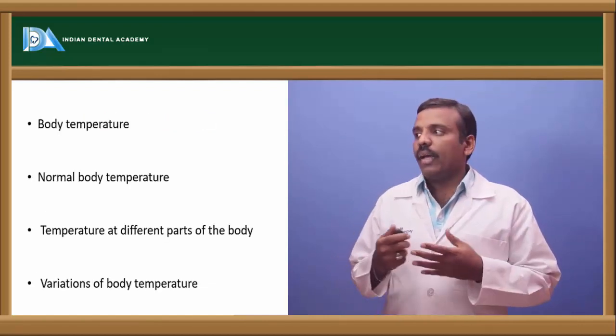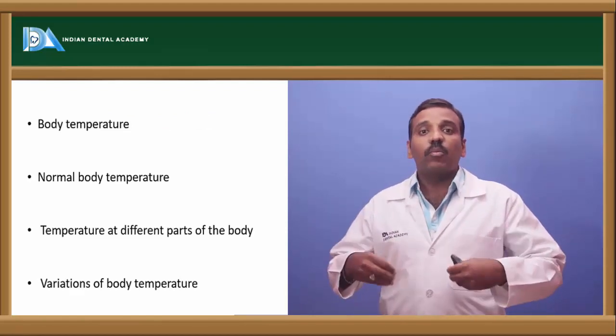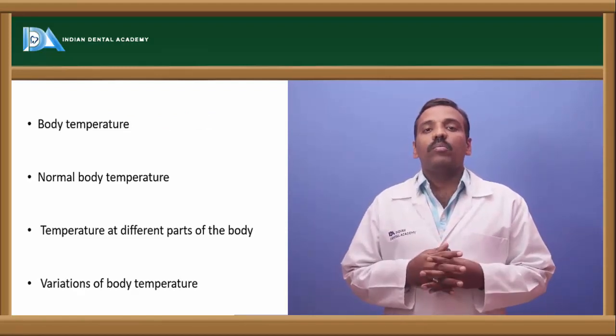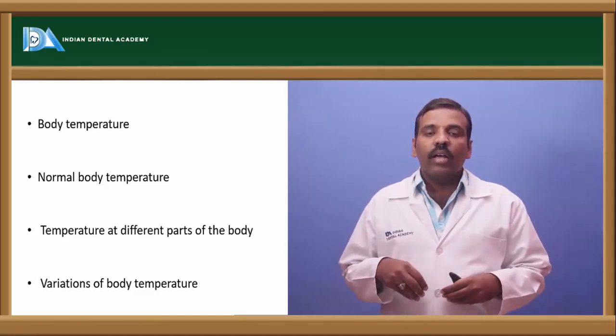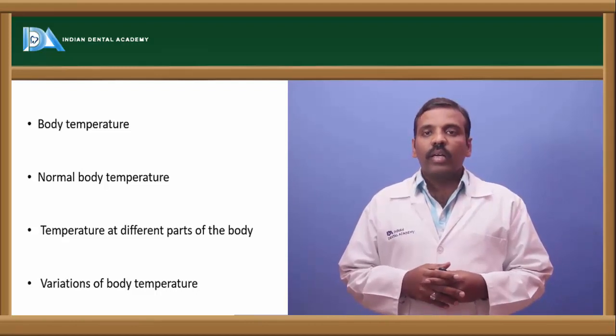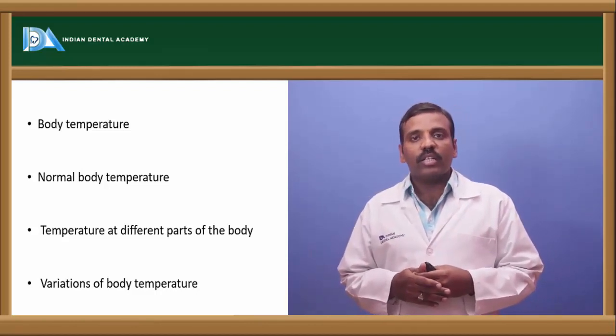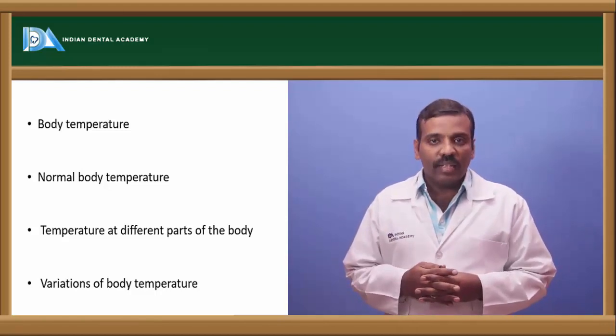Body temperature is the most important thing for all metabolic actions. Whatever metabolic reactions are going on inside, everything depends upon body temperature. The normal body temperature is 96.8 degrees Fahrenheit or 37 degrees centigrade.